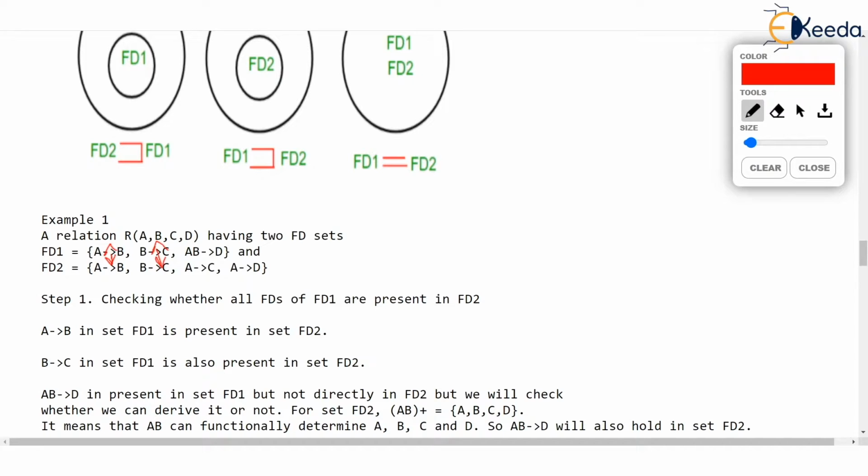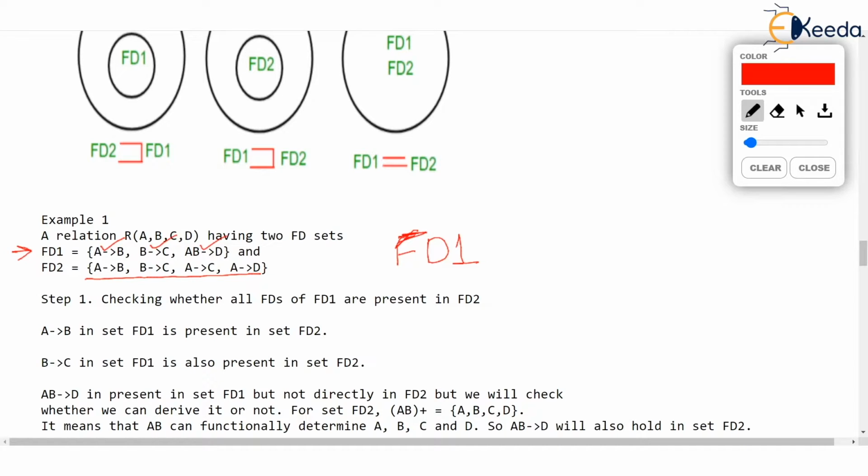Now, technically speaking, how you define equivalence of the two FD sets is that consider FD1 as shown in this example. There are many functional dependencies defined in FD1, correct? Now, if all these functional dependencies defined by FD1 can be derived by FD2, I repeat, all the functional dependencies which are present in FD1, if they can be derived and defined equivalently by FD2, then we say FD2 covers FD1.